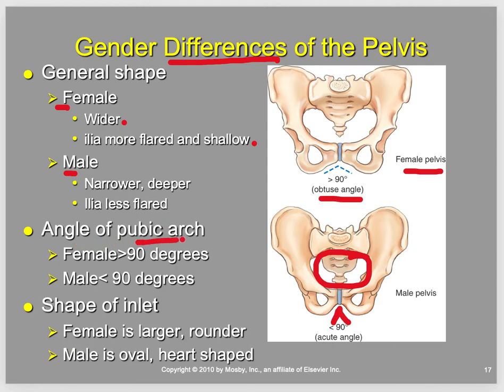The angle of the pubic arch, you're going to have to keep these in mind. Female is greater than 90 degrees, male is less than 90 degrees. The female is larger and rounder, and the male is more oval and more of a heart-shaped pelvis. Okay?